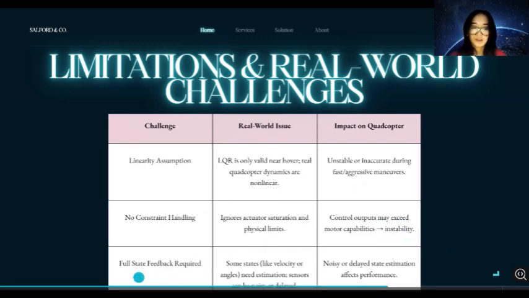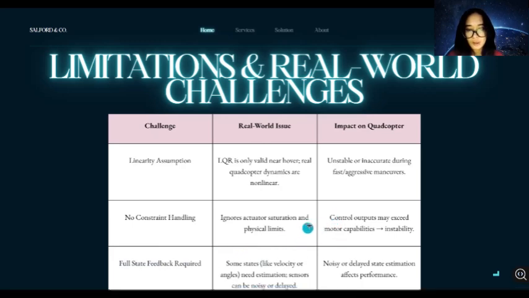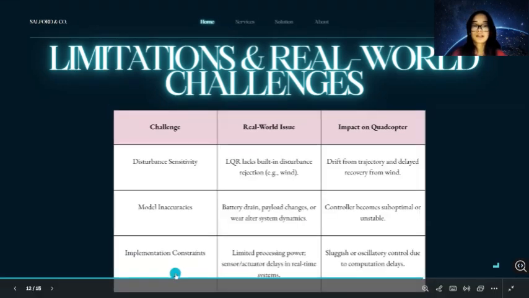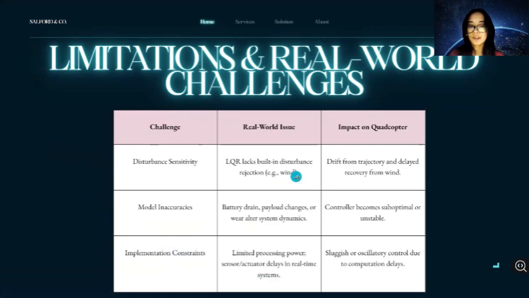The next challenge is full state feedback required. Some states like velocity or angles need estimation. Sensors can be noisy or delayed. The impact on the quadcopter is that noisy or delayed state estimation affects the performance. Next is disturbance sensitivity. The issue is LQR lacks built-in disturbance rejection.